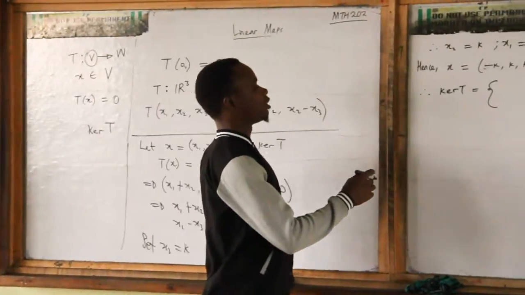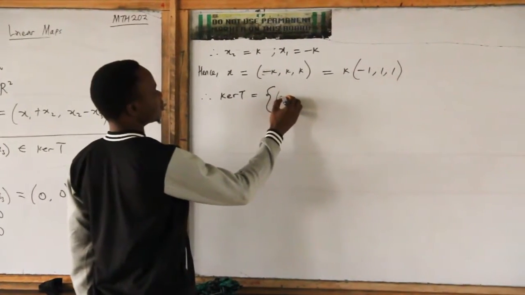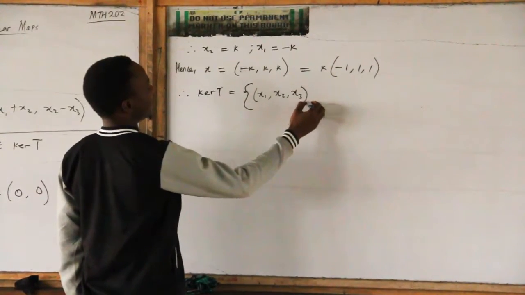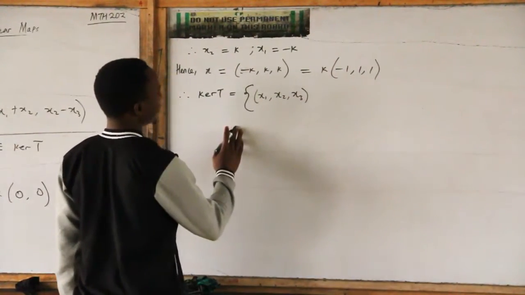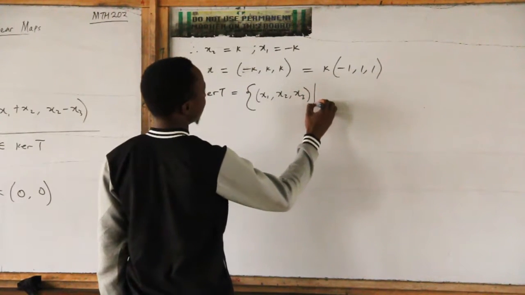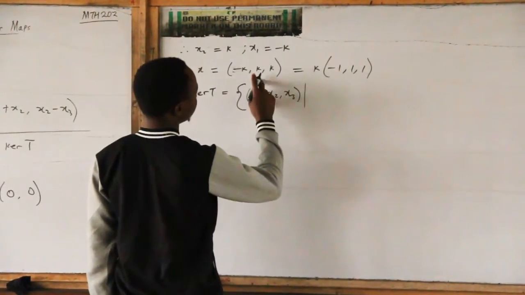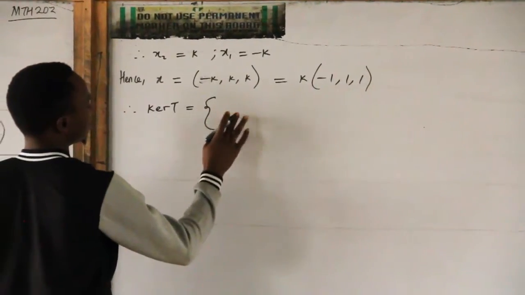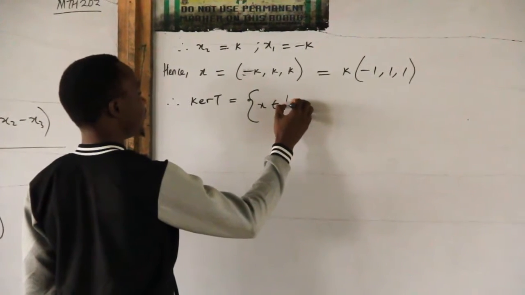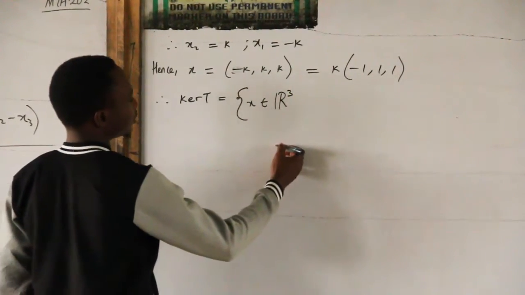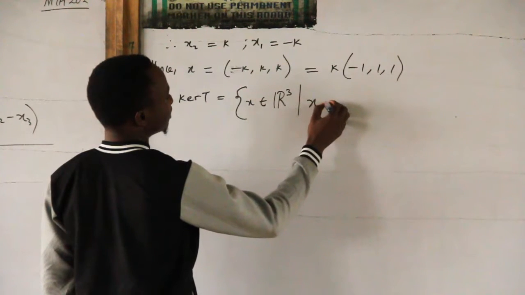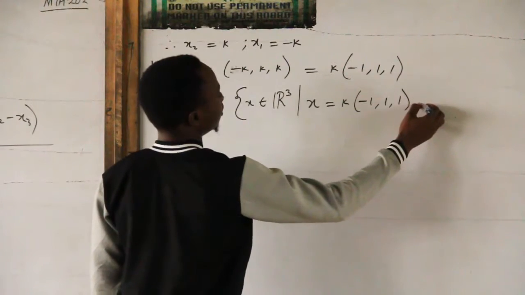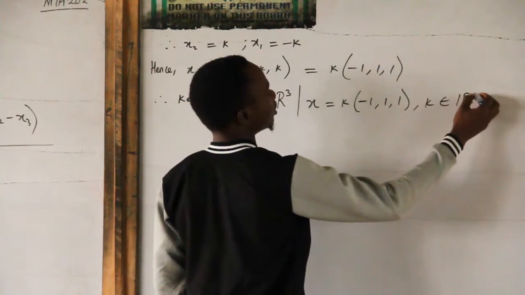So ker T will be equal to the subspace containing elements x = (x1, x2, x3), that is, vectors x in R3 such that x = k(-1, 1, 1) for all real k.